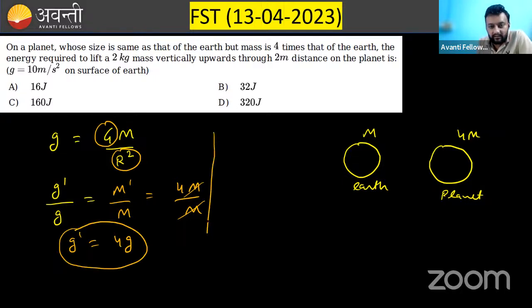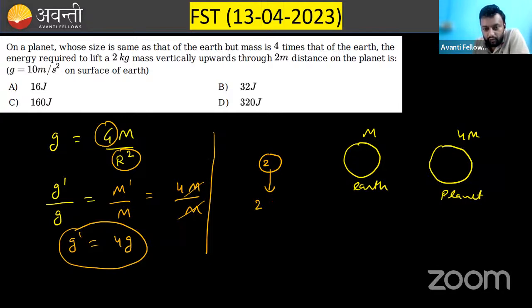Now they are saying the energy required to lift a 2 kg mass vertically upward through 2 meter. Energy required, or you can say the work required. So this is a 2 kg block. Its weight is generally mg. We say that on Earth its weight is mg. But here g is equal to 40.